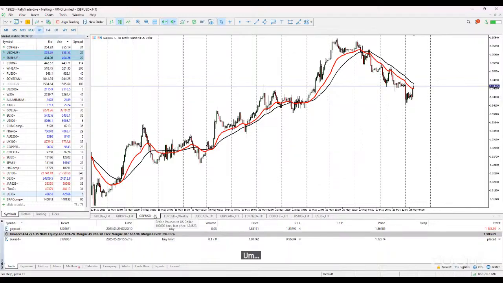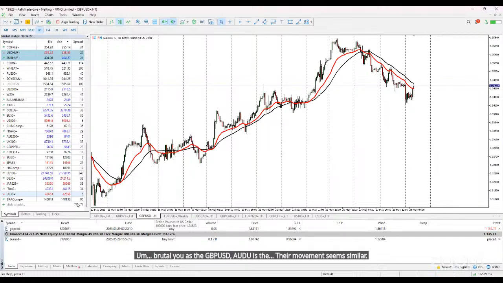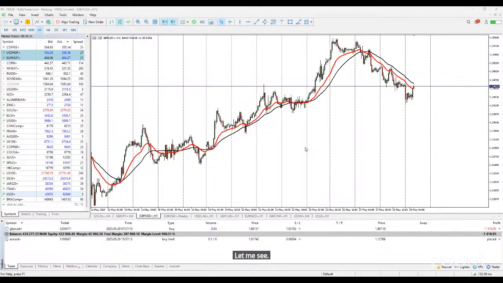Euro USD, GBP USD, AUD USD, their movement seems similar on all those instruments. Okay, I'll come to GPJPY very soon.